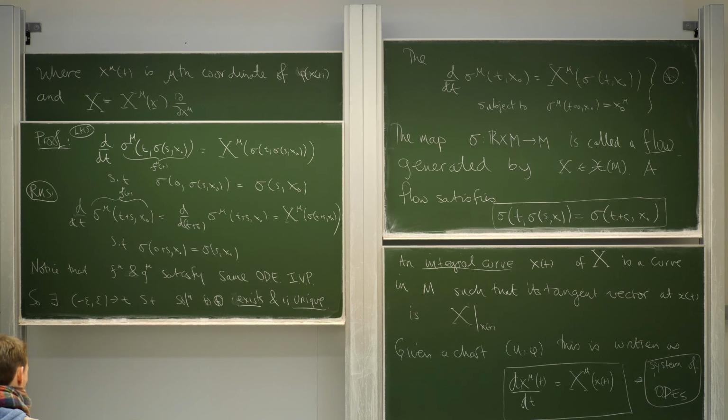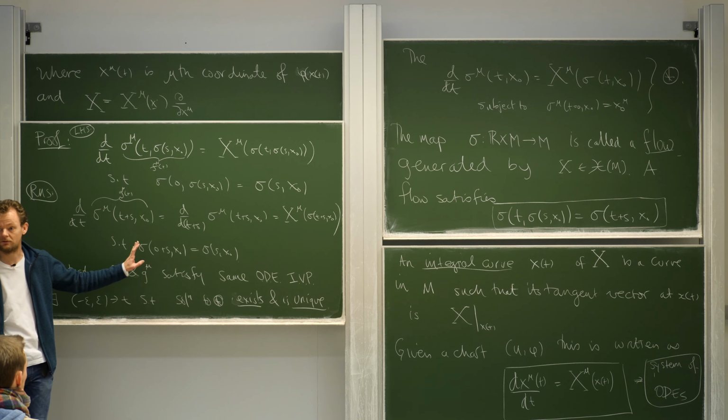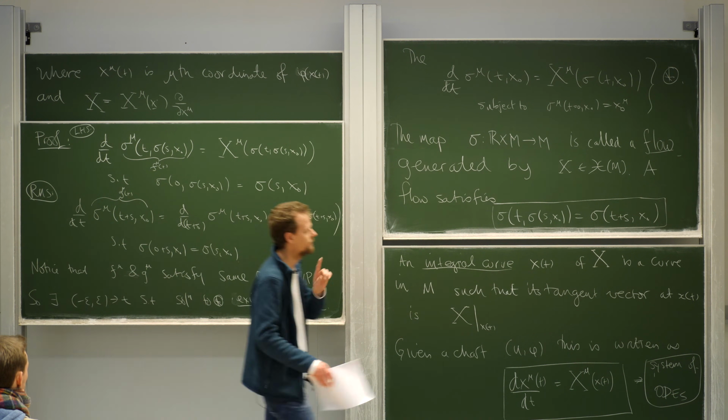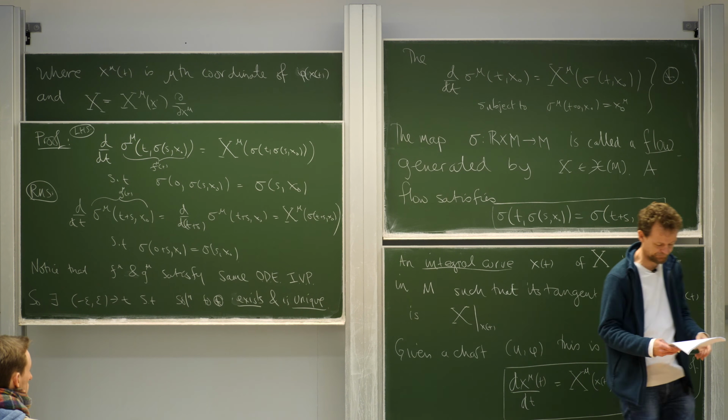Now that's the best you can hope for in general. Existence uniqueness theorem, there are counterexamples for extending the domain of uniqueness beyond some interval, particularly in the case of non-compact domain manifolds. However, in the compact case, things are even better.